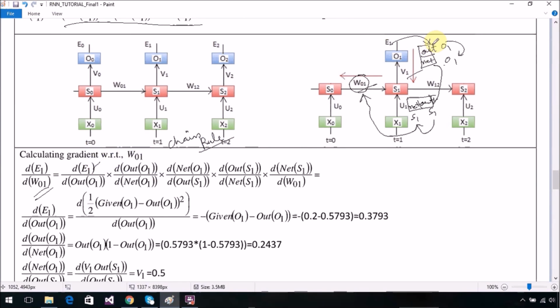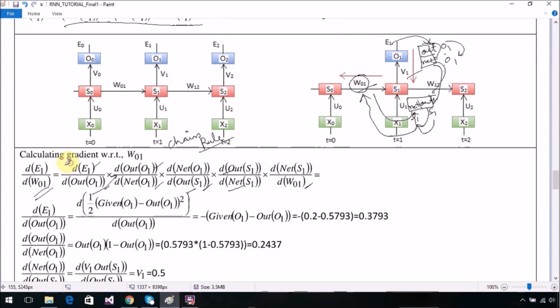So E1 with respect to out O1, and out O1 with respect to net O1, net O1 with respect to out S1, and out S1 with respect to net S1, and net S1 to W01.